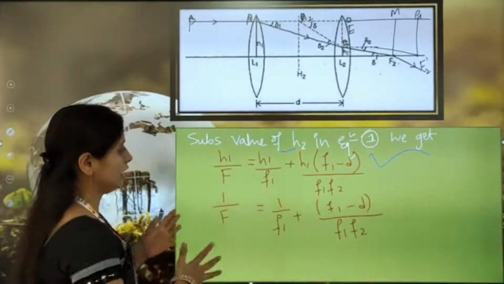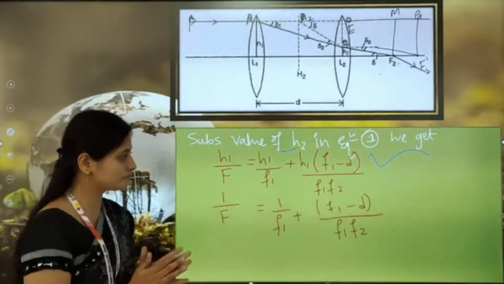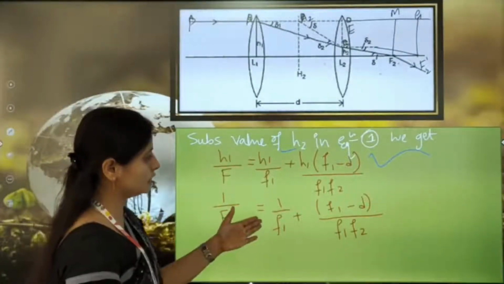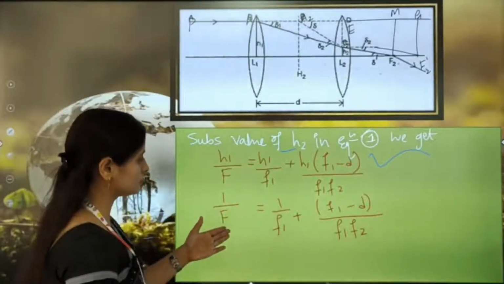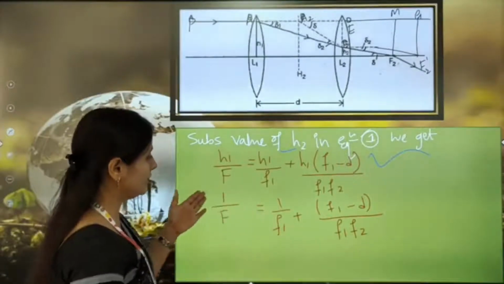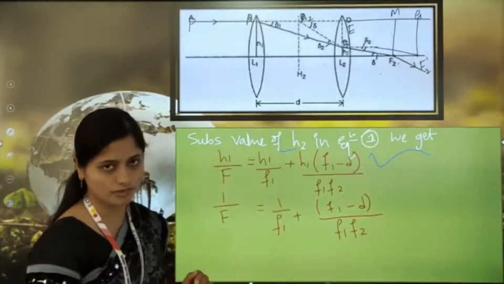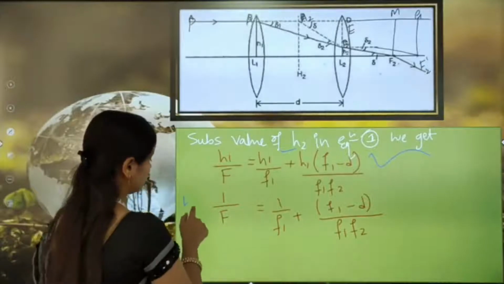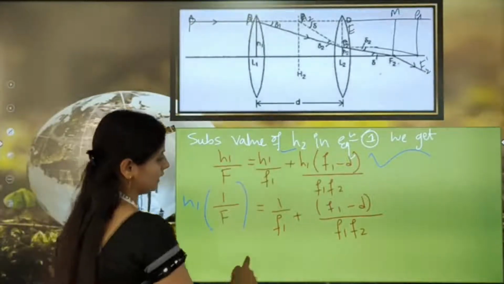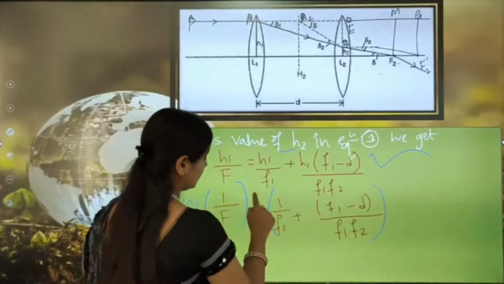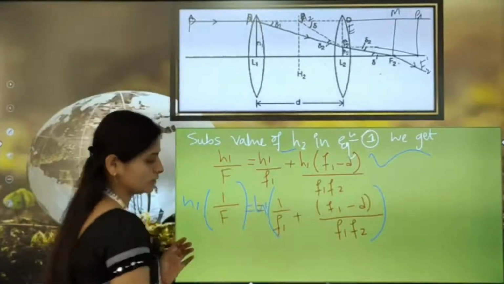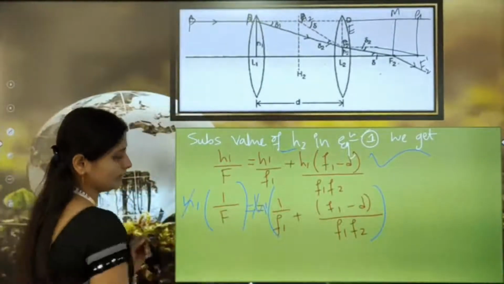So next we have to simplify the term 1 by f. So in that we are taking h1 common, here also taking h1 common. So h1 gets cancelled.